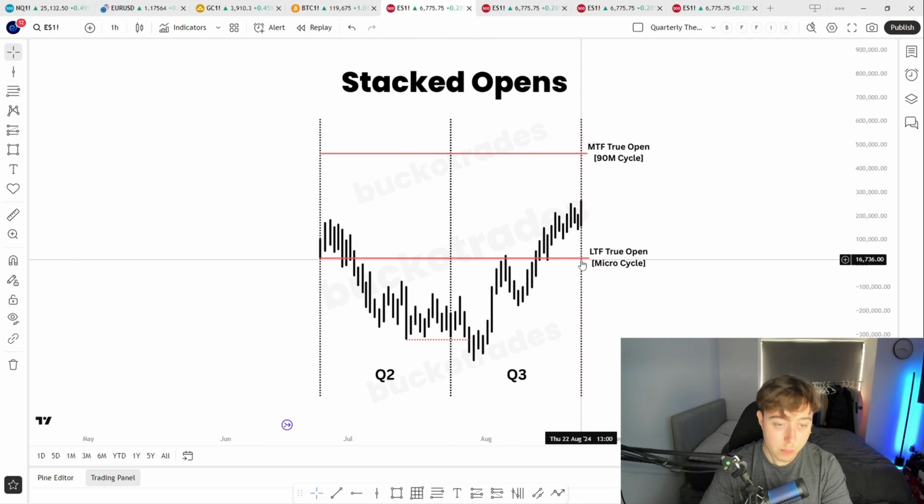Draw that out. Then, let's say we're bullish, we then want to see one cycle above the cycle that we're viewing. So the micro cycle we're viewing here would then go one above, which would be the true session open, but it'd be the 90-minute cycle. So micro cycle, one above is the 90-minute cycle, which is known as the true session open for the 90-minute cycle.